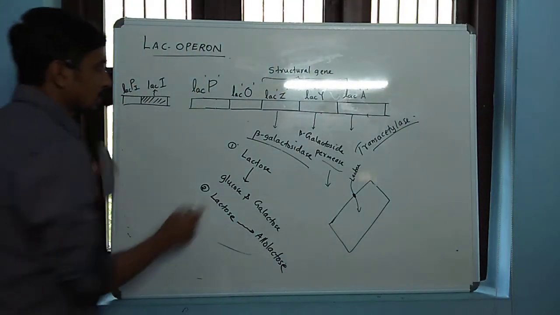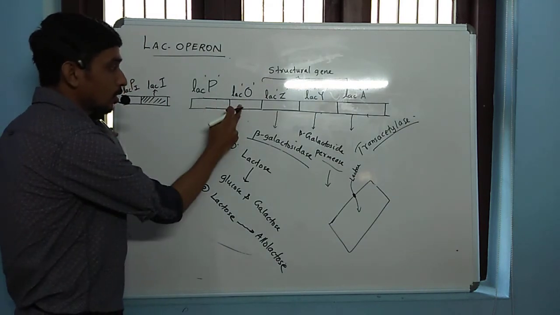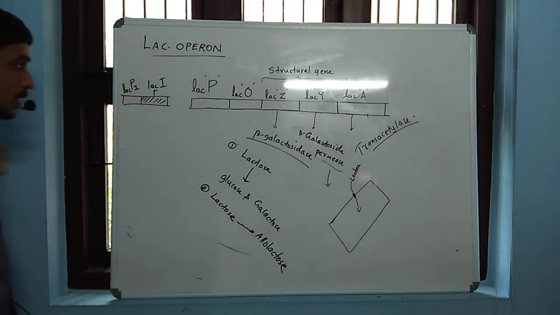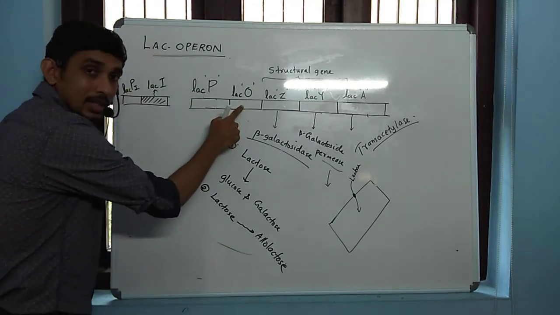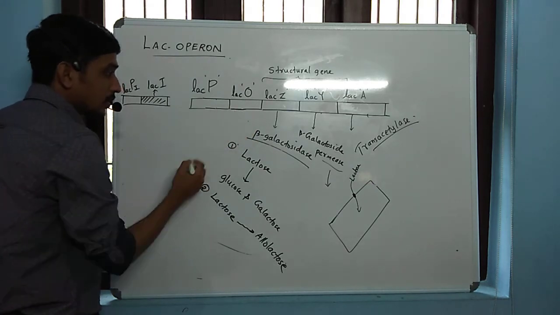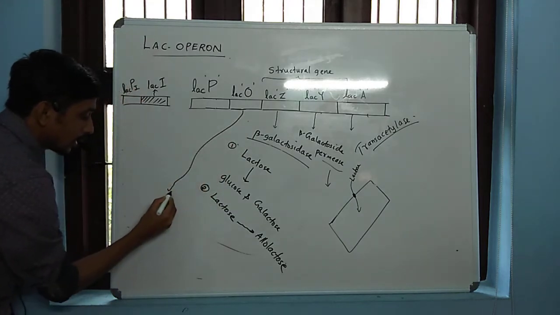Now, the lac operon consists of a common operator and a common promoter. The function of the operator is to act as the binding site for a regulatory protein.